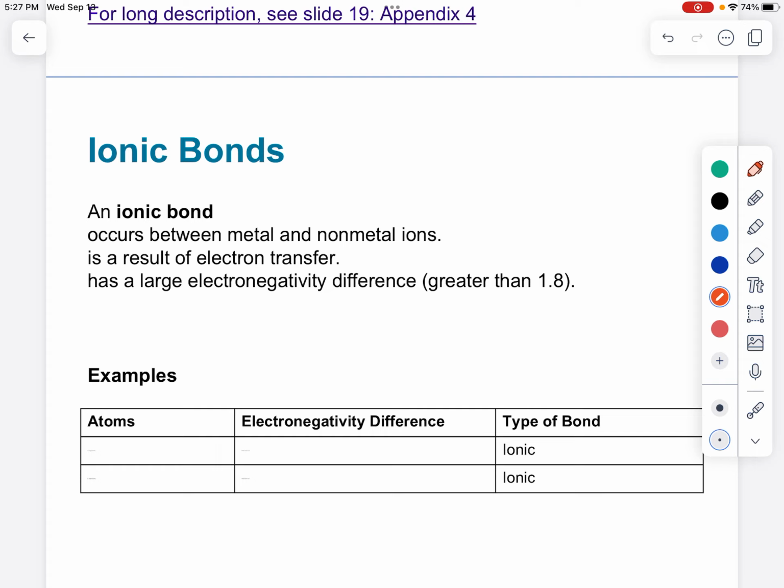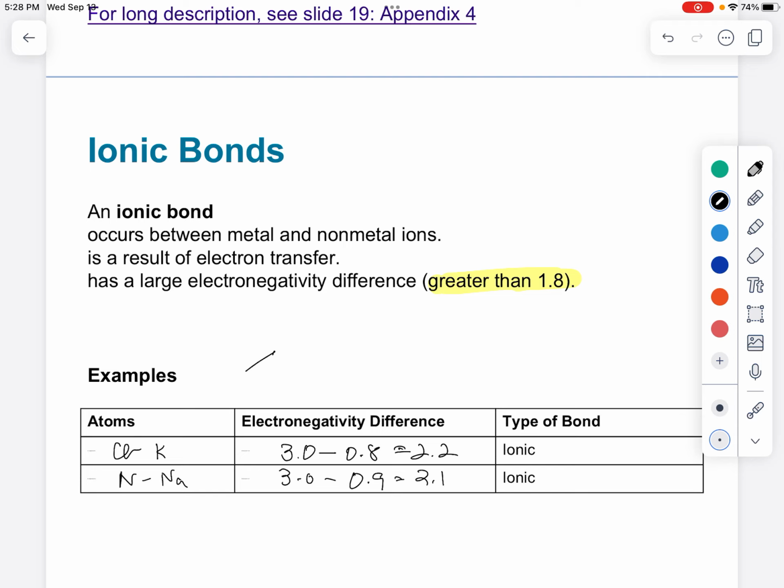Okay, now ionic bonds is when you have a difference in electronegativity of greater than 1.8. And examples we have here are C-L-K, N, and A. Not that we see these, but that would be 3.0 minus 0.8, which is 2.2, and 3.0 minus 0.9 is 2.1.